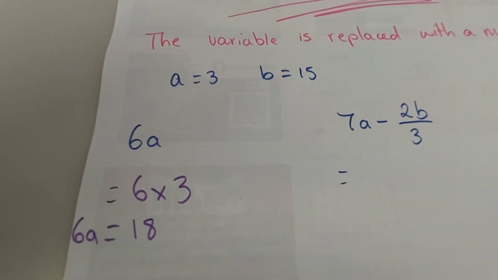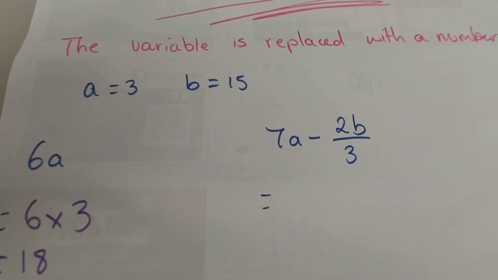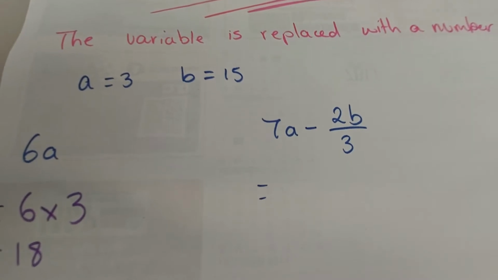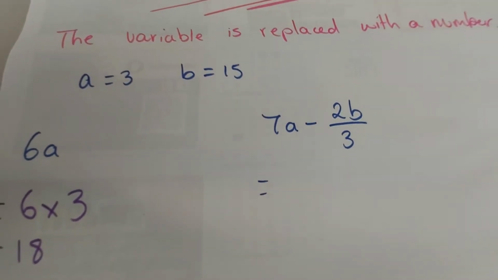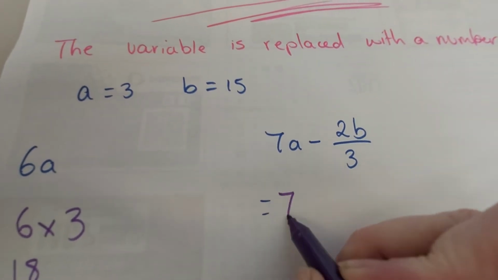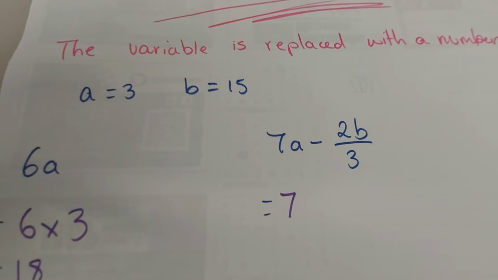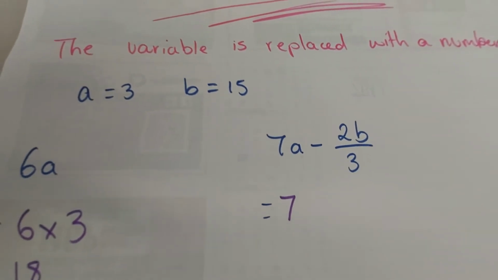Now, if we have a look at our second question, we've made it a little bit more complicated than the first. So the first thing I'm going to do is swap all of those confusing letters out for numbers. So the first thing I've got is 7a. Remember, that's not 7 plus a, that's 7 times a.